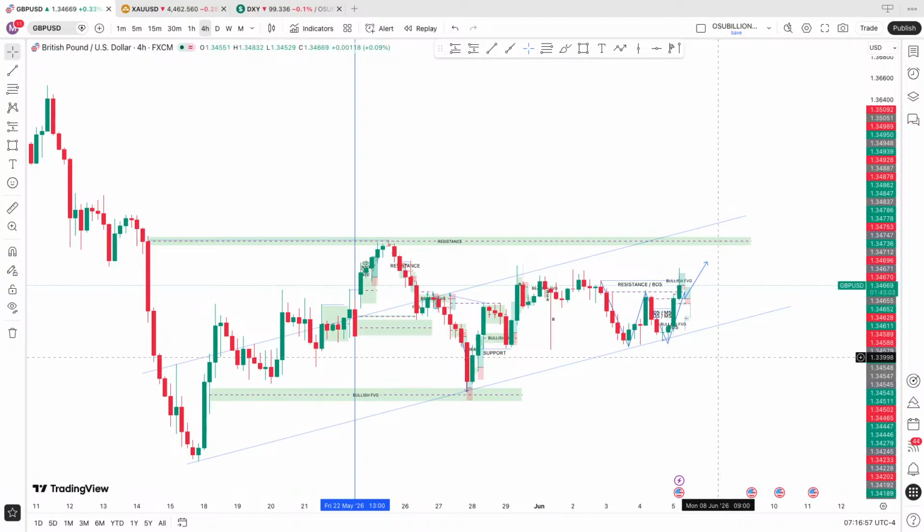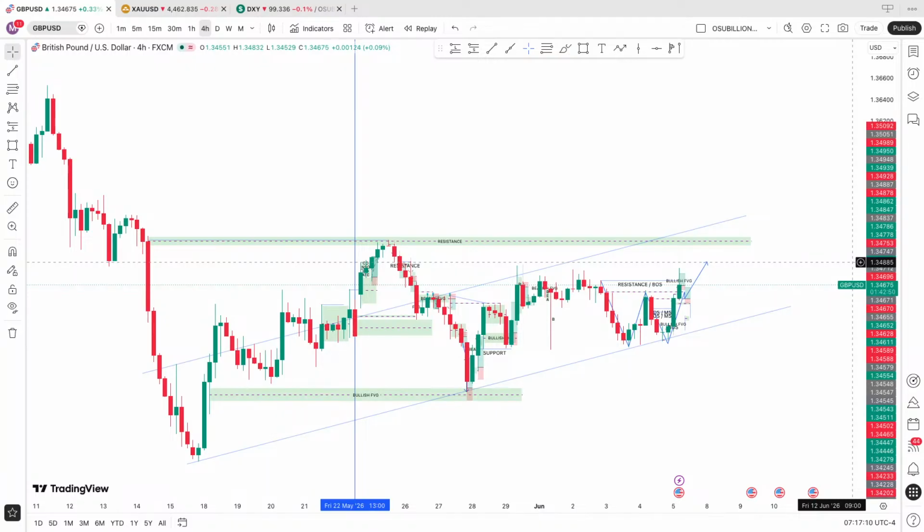So ideally, if the market is able to sustain the bullish momentum, then we should look out for the zone of 1.34881. That's the zone I am looking out for.